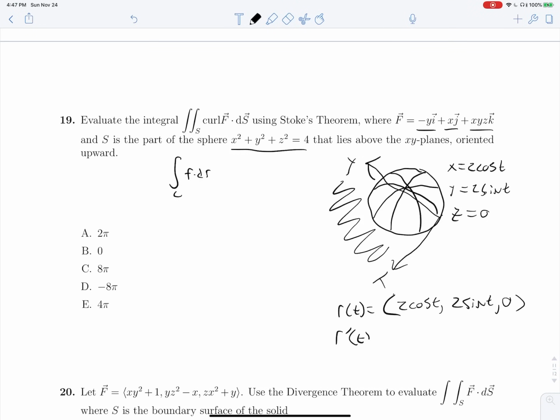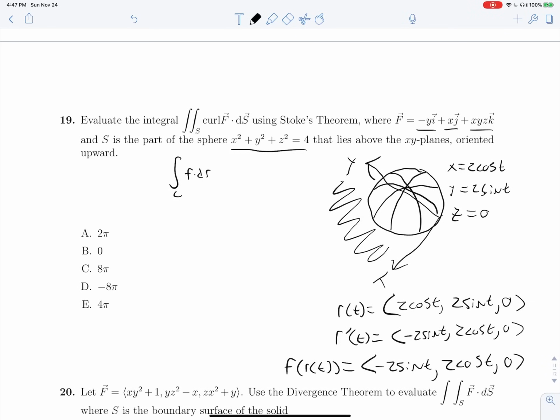R prime of t is going to be negative 2 sine t, 2 cosine t, 0. And f of r of t is going to be negative 2 sine t, 2 cosine t, 0.